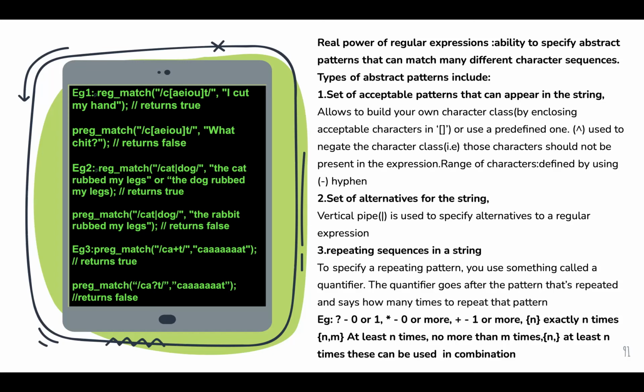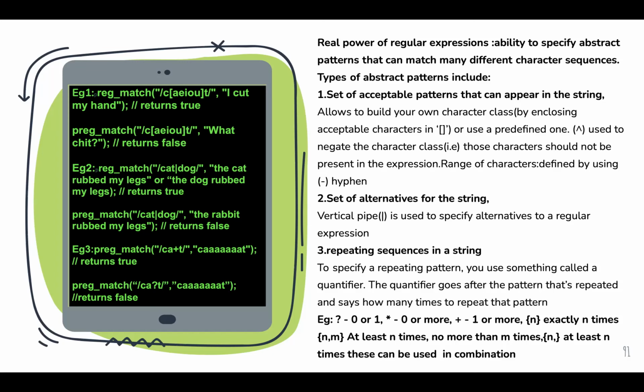The next abstract pattern includes repeating sequences in a string. To specify a repeating pattern, you use something called a quantifier. The quantifier goes after the pattern that's repeated and says how many times to repeat that pattern.